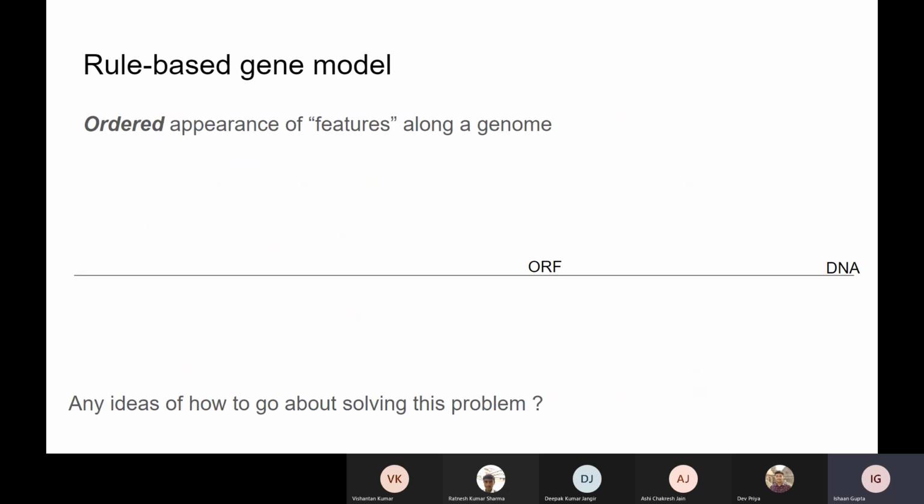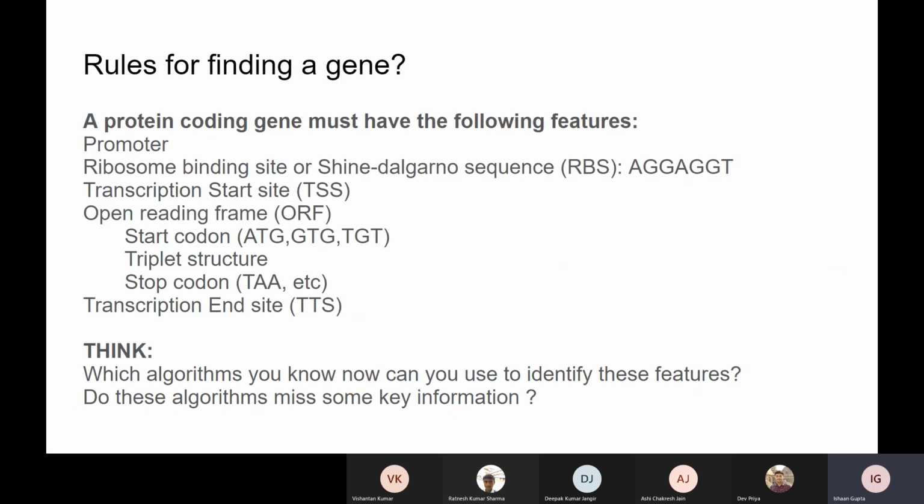Now, whenever we have these algorithms, they are only going to tell you where a particular motif lies. You're going to say, okay, you have a ribosome binding site, you have a transcription start site, you have a promoter. But these things don't tell you exactly what information they are missing.